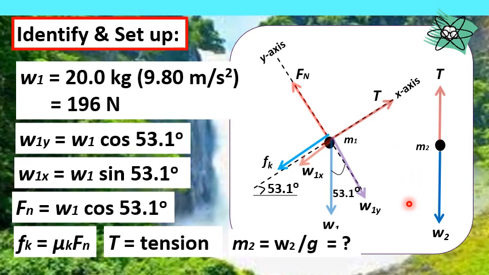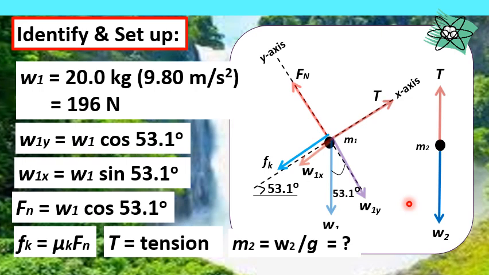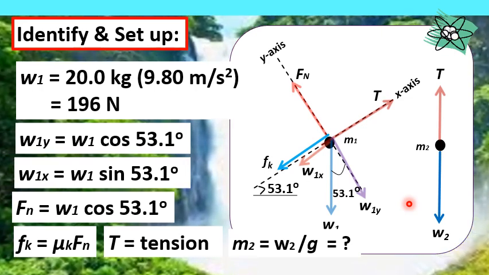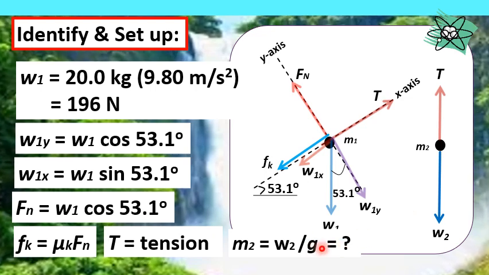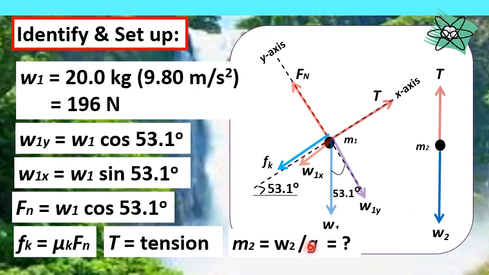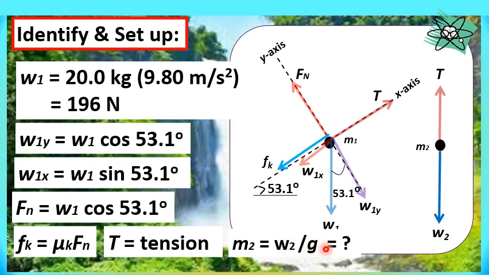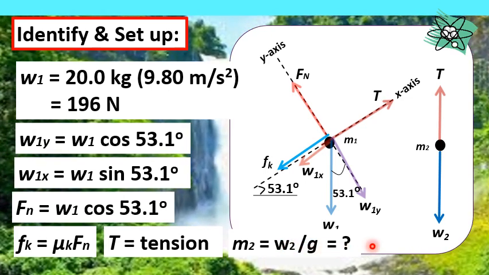So our target variable in this problem is the mass M2, which is simply the weight W2 divided by acceleration due to gravity.